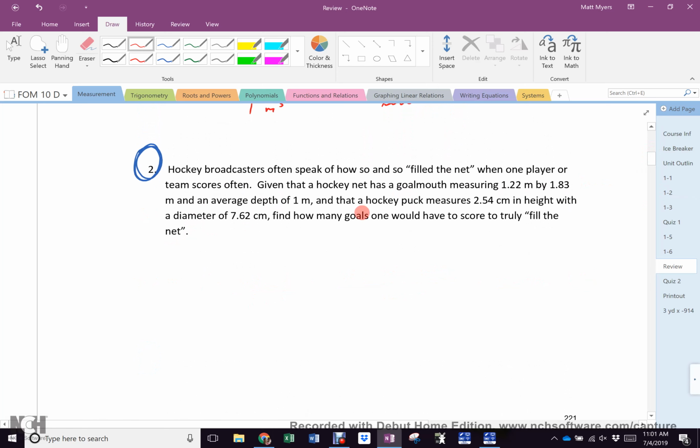This is a tricky question because I'm saying fill the net, right? Which means it's volume, isn't it? Except what shape are pucks? Circles. So if I draw the net, this is looking down on top of the net.